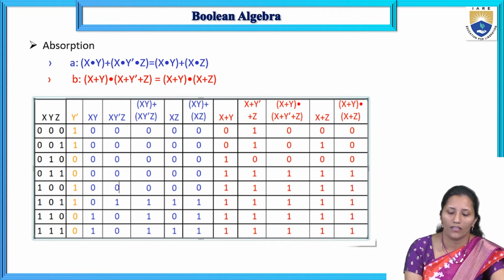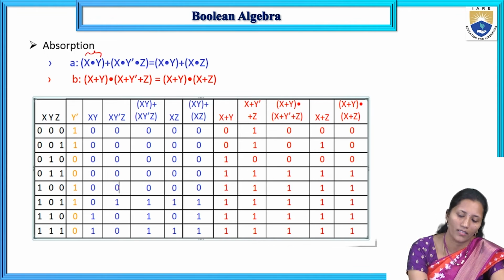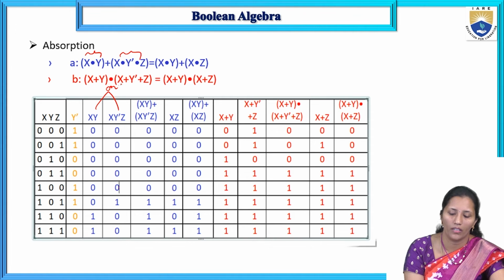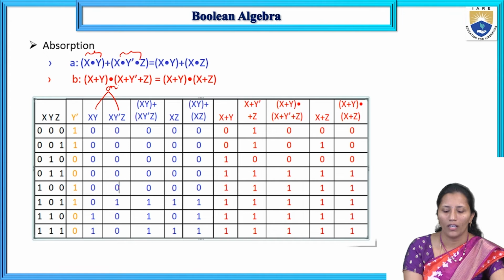So observation also: take the x dot y and x y z and another term, and perform OR operation between these two terms. OR operation is nothing but if any one of the input is 1, automatically the output goes to high, that is logic 1.